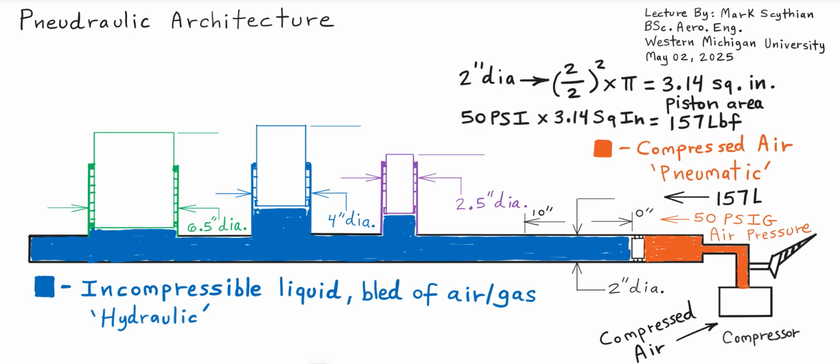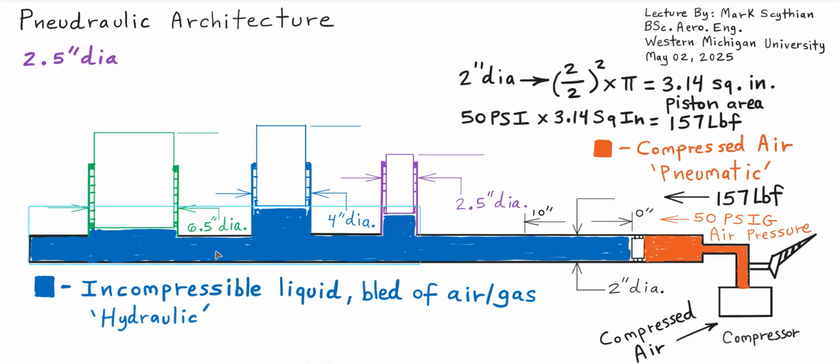So we can have an input force of 157 pounds force. So if we were to divide that by 3.14 square inches, pounds per square inch, we would then get a pressure of 50 psi. Now the 50 psi is going to consistently distribute across the entire hydraulic system.